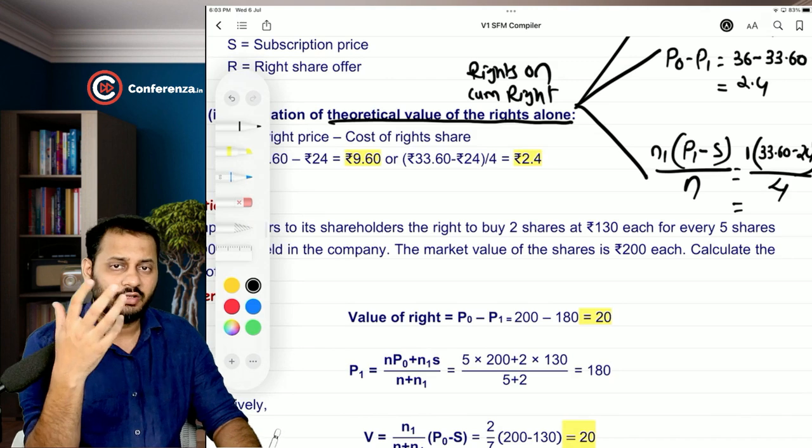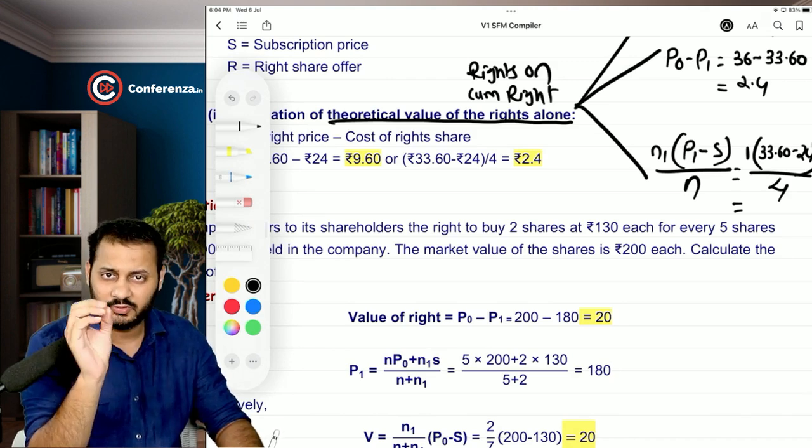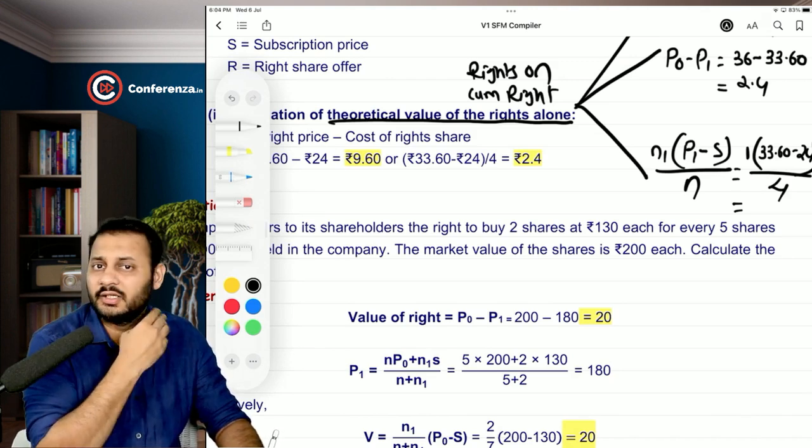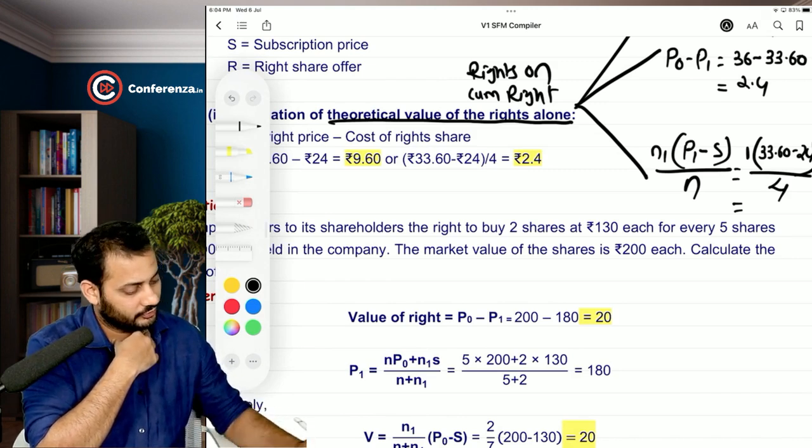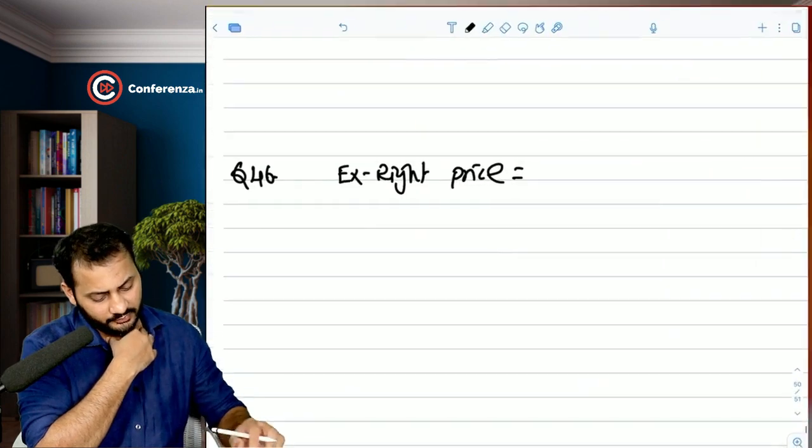The entire gain: 33.60 will be the current market price and you will be selling it at 24. So 33.6 minus 24 divided by 4 is 2.4. Am I right about the formula?